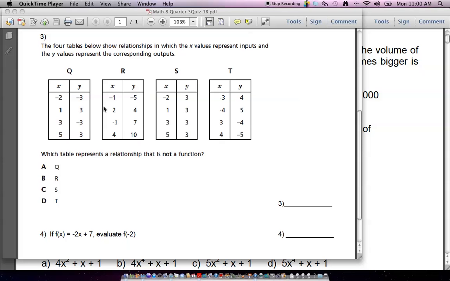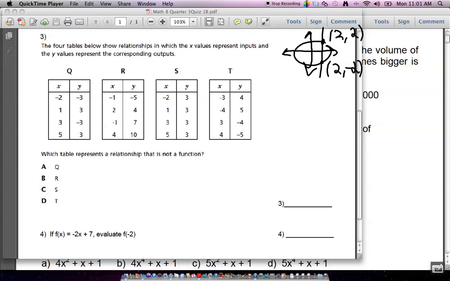Now, let's talk for just a second about why that is so. We're going to talk about this again a little bit later in the period. The reason the vertical line test works, and the answer to the one on the test, looks something like this. Let's say that this is the point (2, 2), and this is the point (2, negative 2).